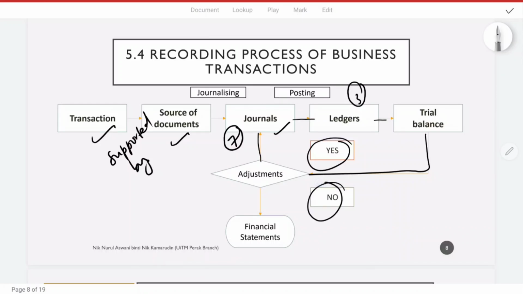If the answer is no, no adjustment needed, then we prepare the financial statements. After you adjust the trial balance and there's no more adjustment needed, we prepare the financial statements. For your syllabus, the financial statements that you are required to prepare are the statement of financial position and the statement of profit or loss only.